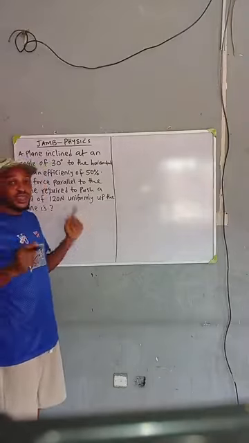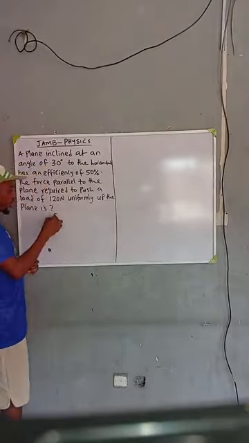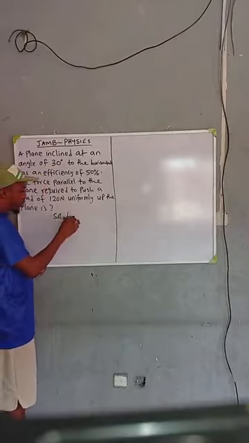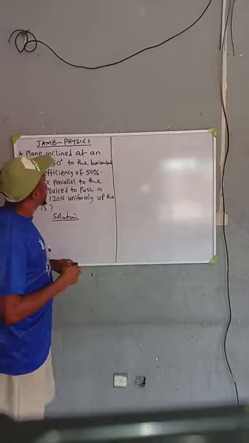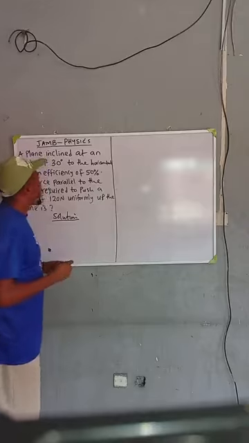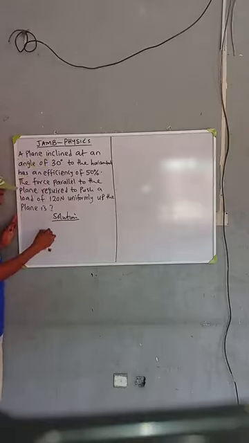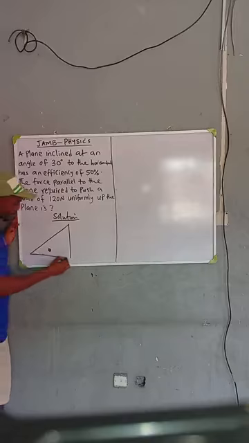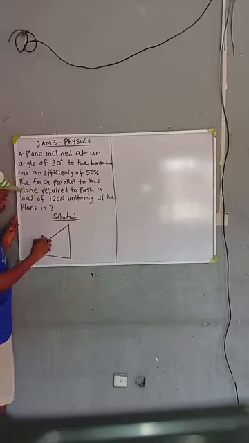But before then, let me recall to you that an inclined plane is an example of a type of machine where we have a load being pulled up an inclined plane. This is the load.